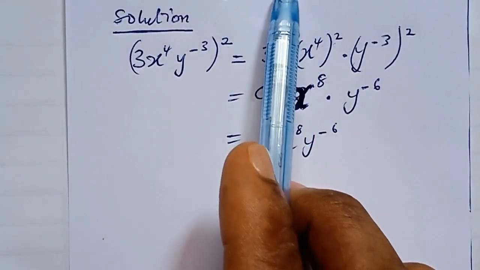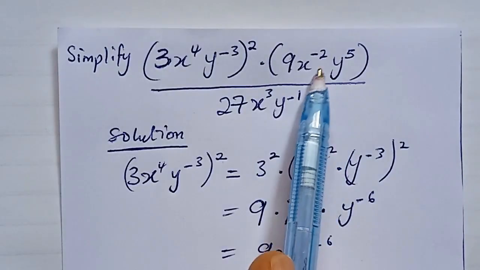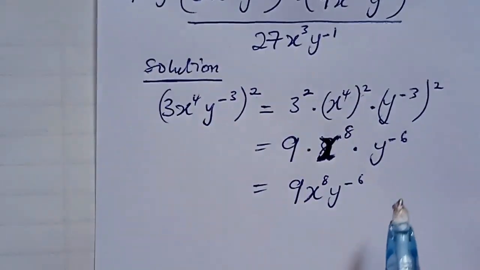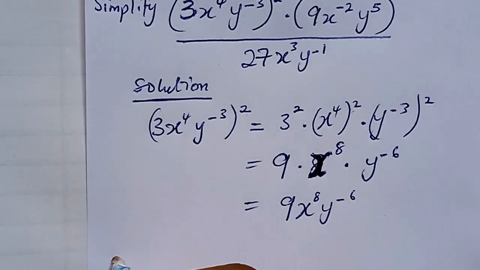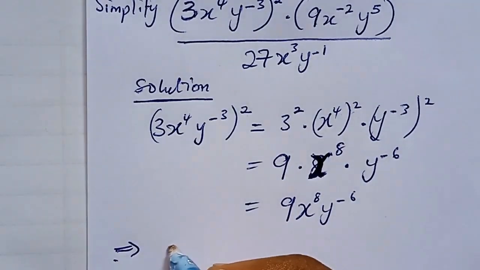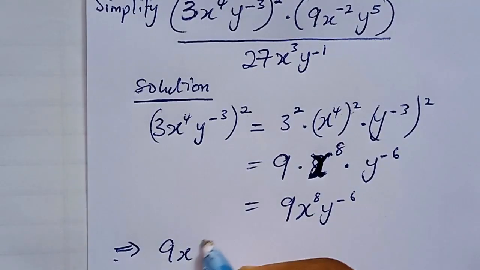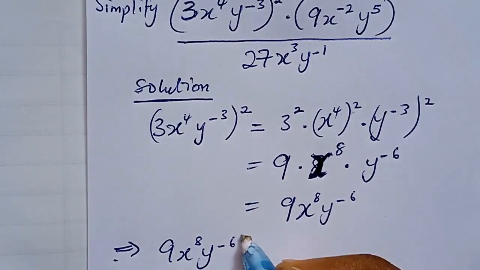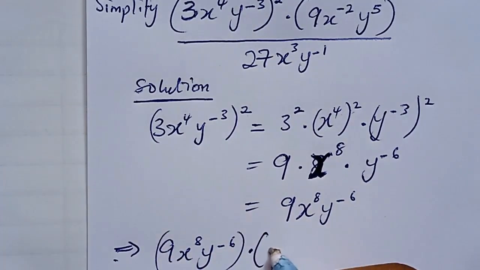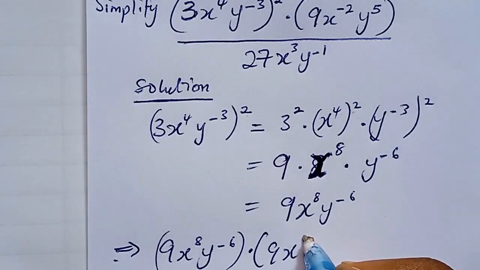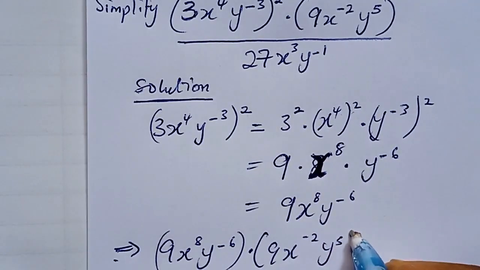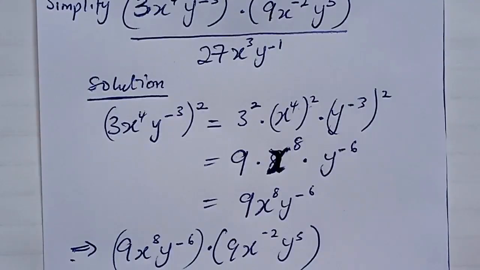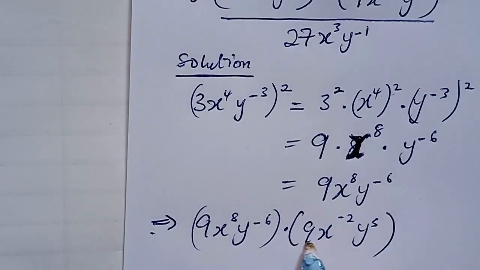The first term has been simplified, so we can now multiply it by the other term over here. So we now have 9x^8 y^-6 multiplied by 9x^-2 y^5 all in brackets. If we multiply this, 9 times 9 gives us 81.